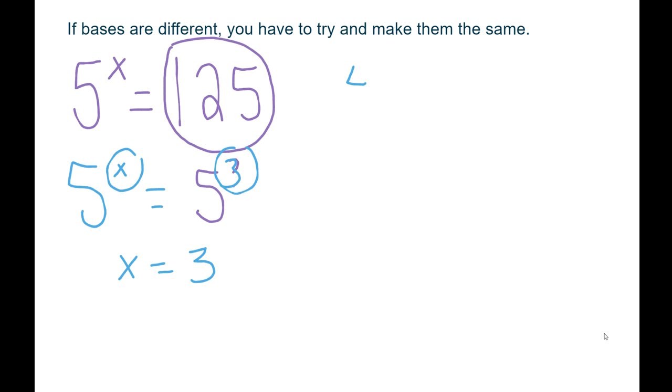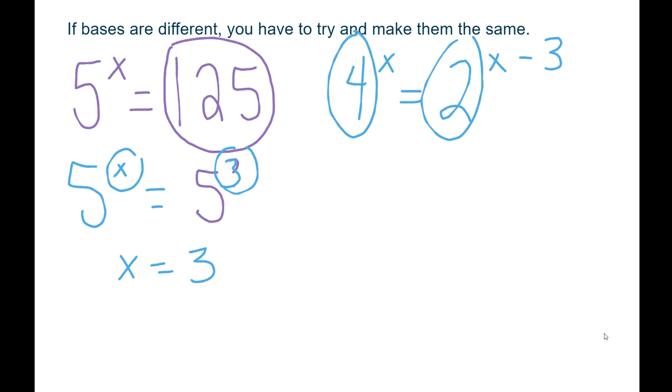Another example might be something like this. 4 raised to the x equals 2 raised to the x minus 3. So how do you get these bases the same? We have to figure out how could we make this 4 into 2's, because you always want to go to the smaller base.